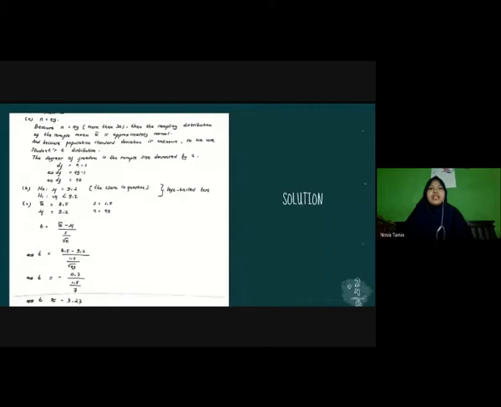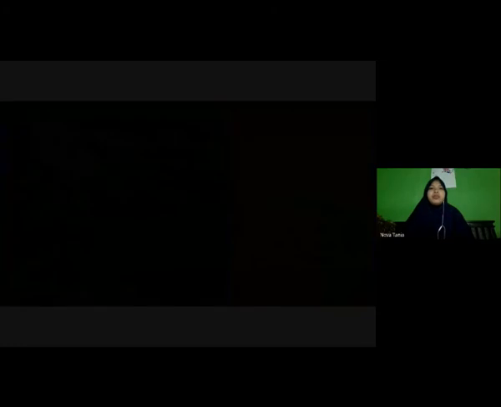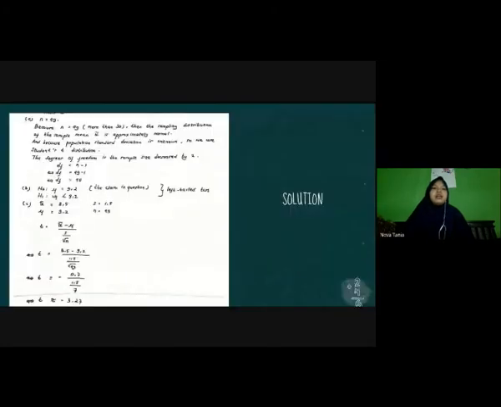And then for C, x bar is equal to 8.5, mu is 9.2, the sample standard deviation is 1.5, and n is equal to 49.